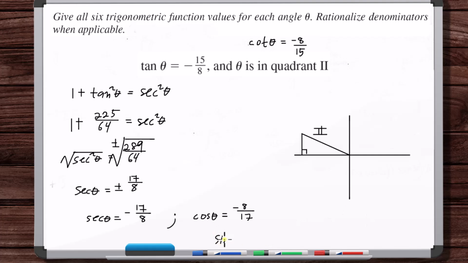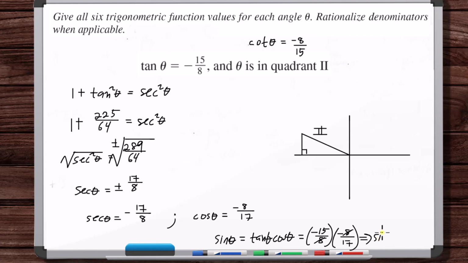So sine theta is tangent theta times cosine theta, which is minus 15 over 8. And cosine theta is minus 8 over 17.